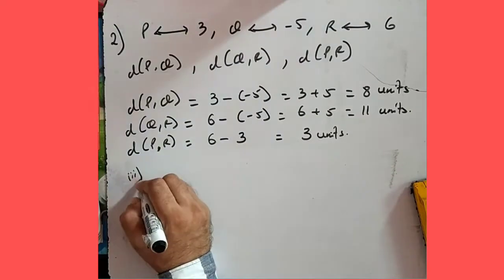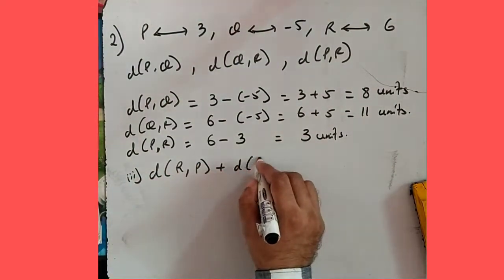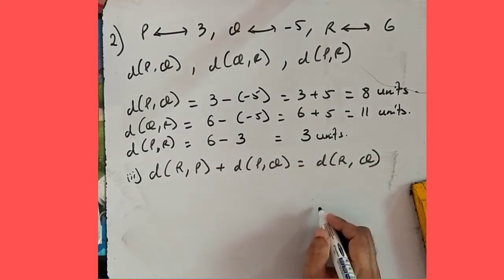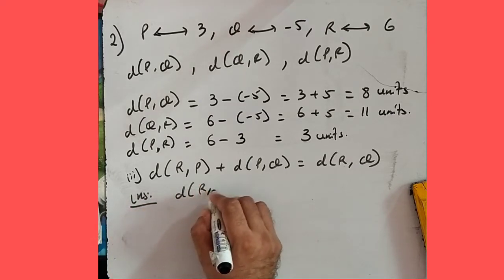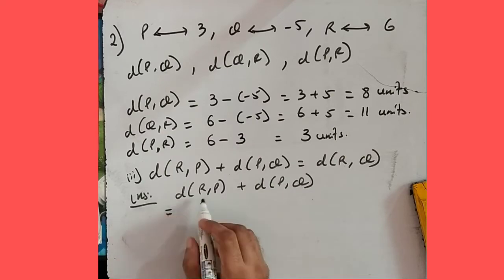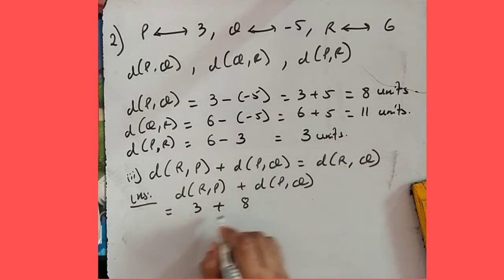Now the third one. We have to check whether distance RP plus distance PQ is equal to distance RQ is true or false. First take LHS, distance RP plus distance PQ. Distance RP is 3, distance PQ is 8, and that is 11 units.